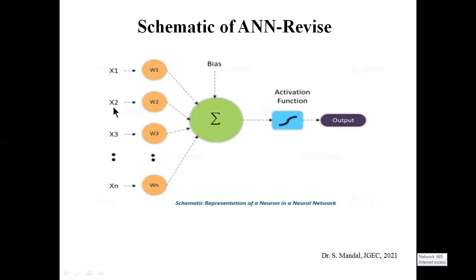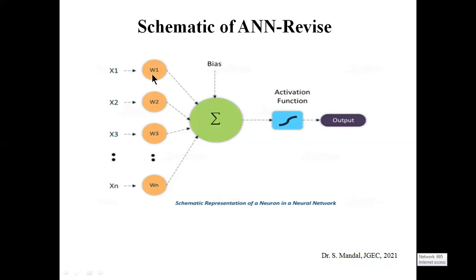You can see that x1, x2, x3 and up to xn are the inputs, and these inputs are coming into an accumulator, where all the inputs are accumulated, and here you can see that bias is also applied in the accumulator.